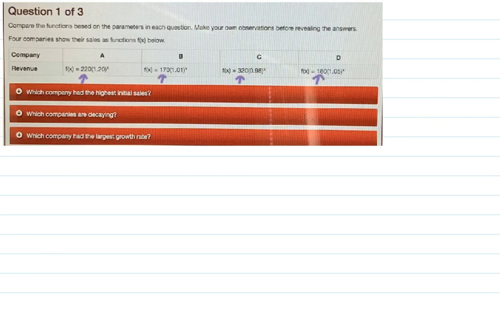And so the company with the highest would be C. Which companies are decaying? So remember, decaying is when your base is a number less than 1. So it looks like growing, growing, decaying, growing. So company C is decaying, and which company had the largest growth rate? So we're looking for the largest decimal place, which would be A, because it's growing by 20% or 0.20.